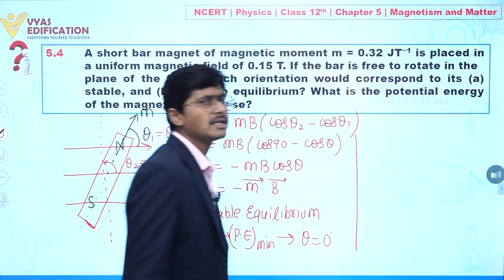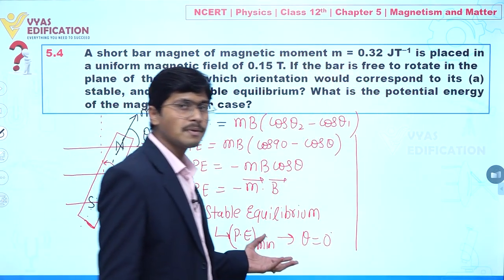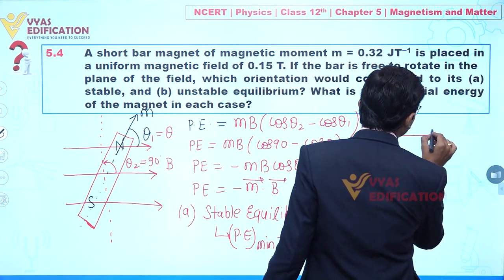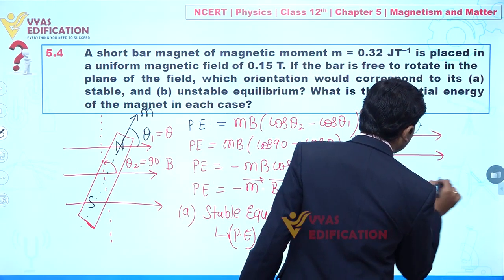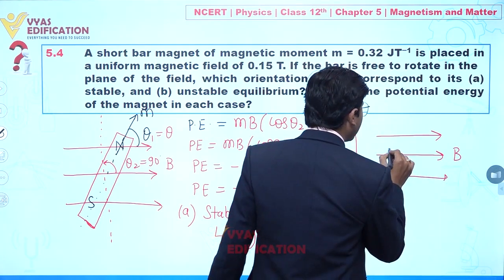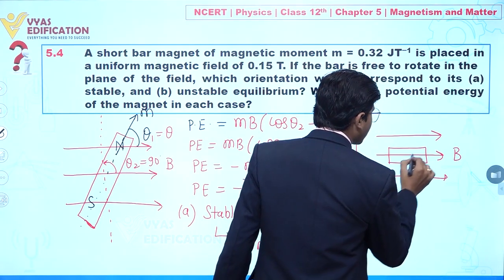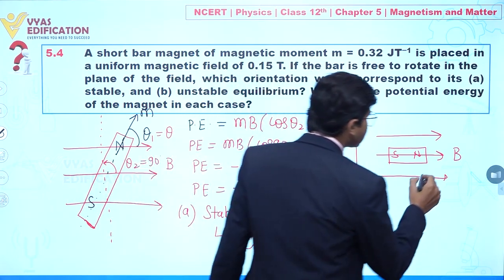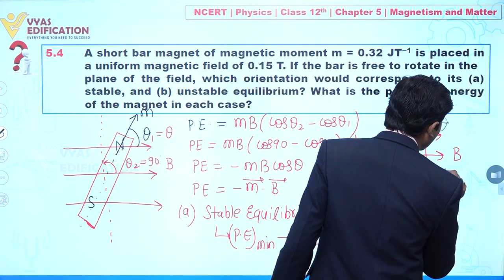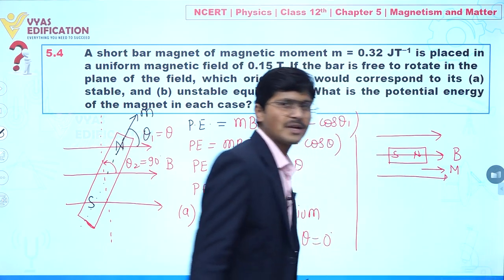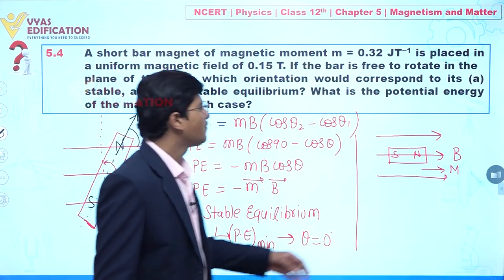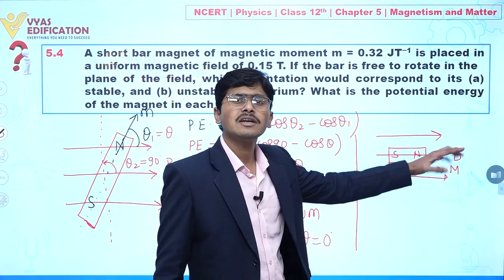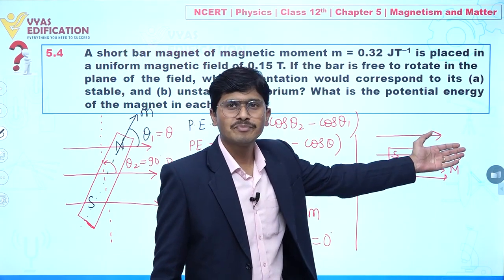How can we draw the diagram or position of stable equilibrium? Let's suppose this is the direction of the magnetic field, and I take the short dipole like this, with north here and south here. The direction of magnetic moment is also in the same direction, that is m. At that time there is a 0 angle between the magnetic dipole moment and the magnetic field.